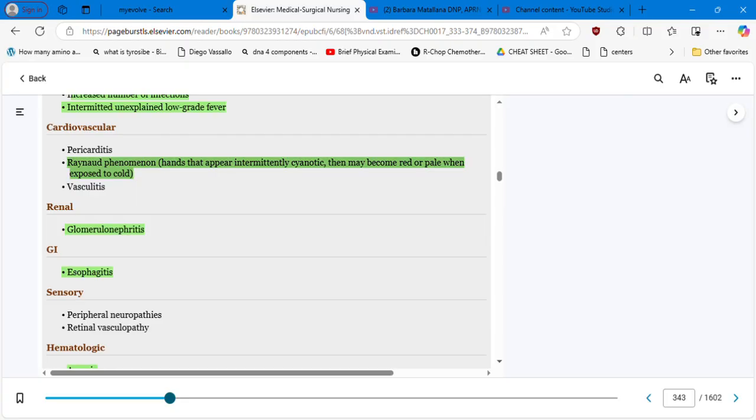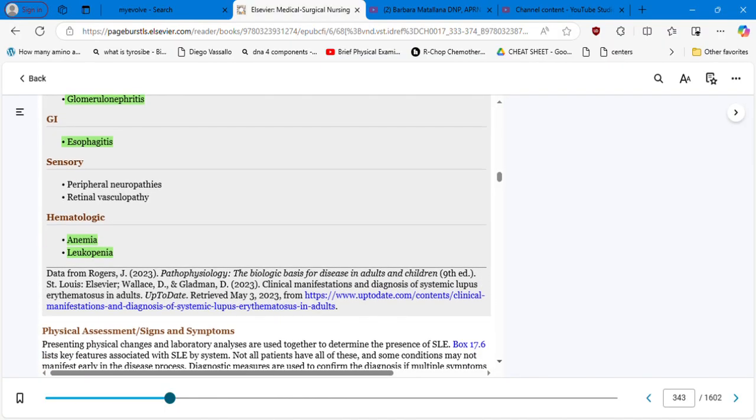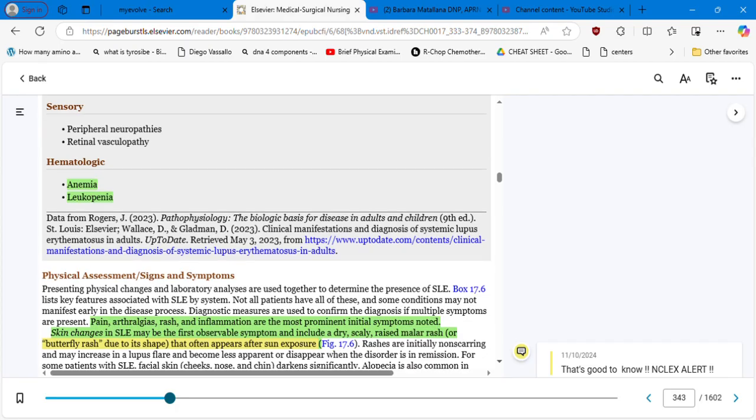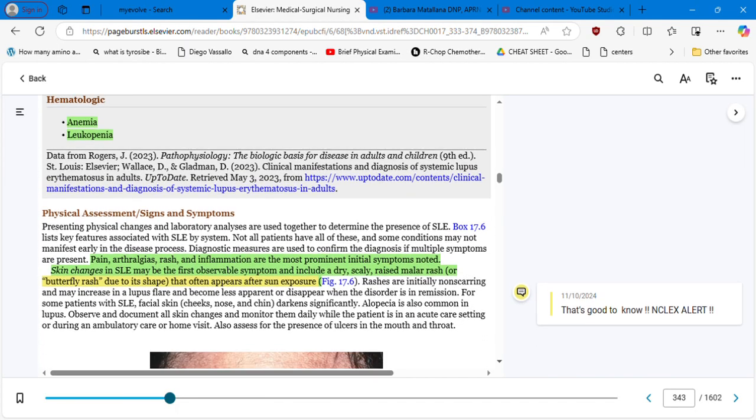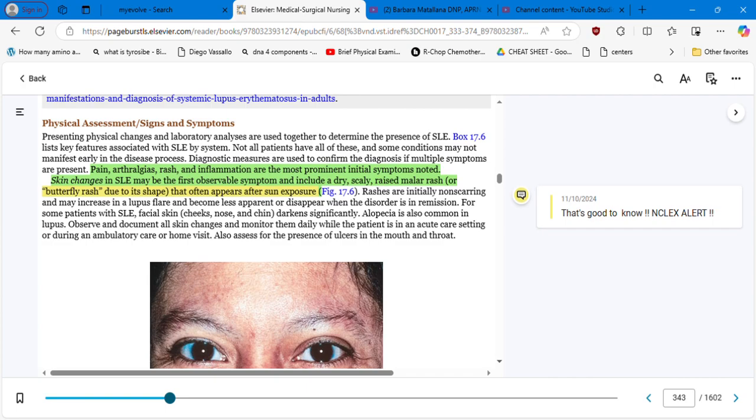Renal, glomerulonephritis, GI, esophagitis, sensory, peripheral neuropathies, hematologic, anemia, or leukopenia. Okay, physical assessment, pay attention to your pain, arthralgias, rash, and inflammation are the most prominent initial symptoms noted.